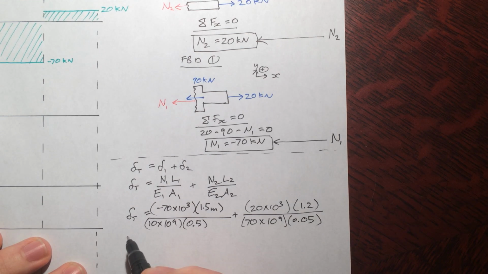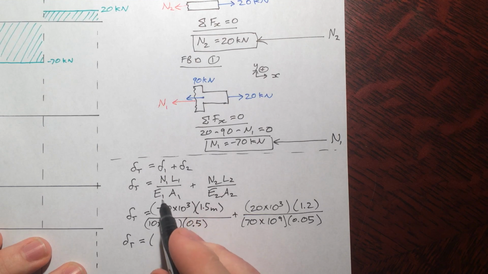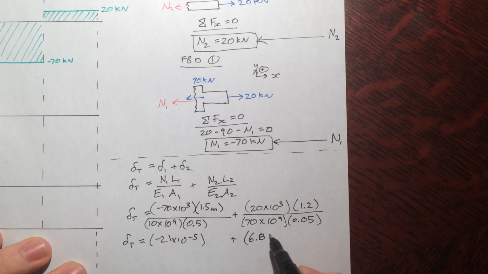All right, total elongation. The first bit, delta 1, the elongation is negative 2.1 times 10 to the minus 5. The elongation of the second piece, 6.86 times 10 to the negative 6. We can rewrite this as 0.686 times 10 to the minus 5.